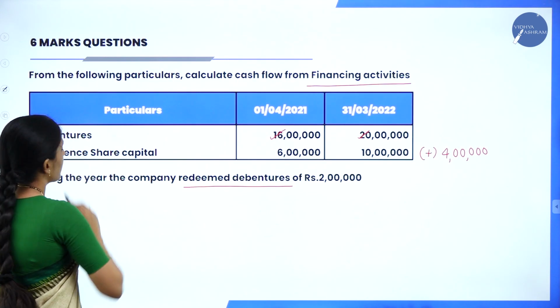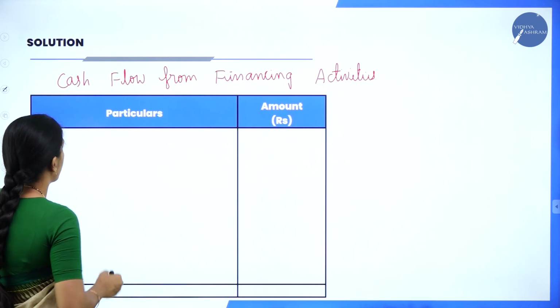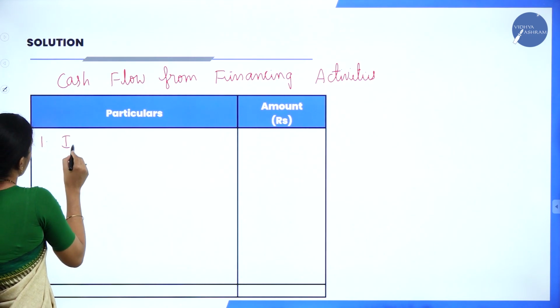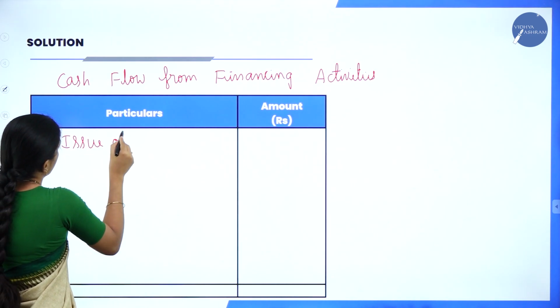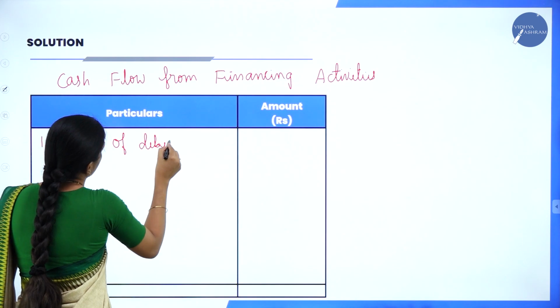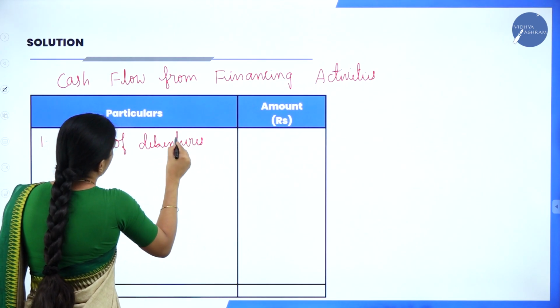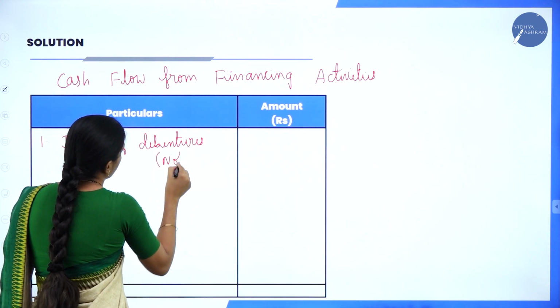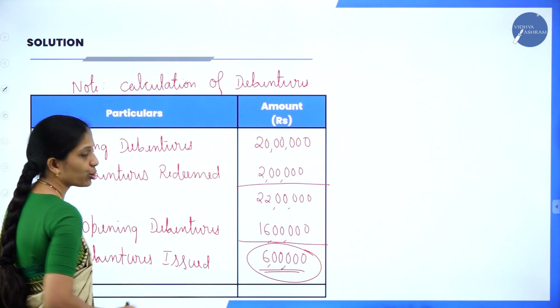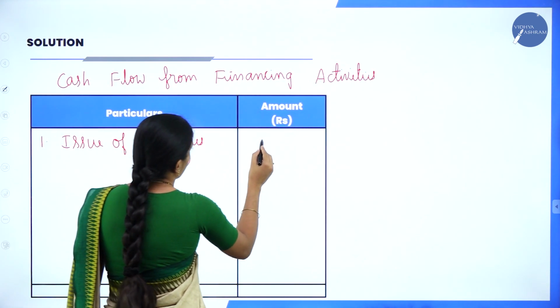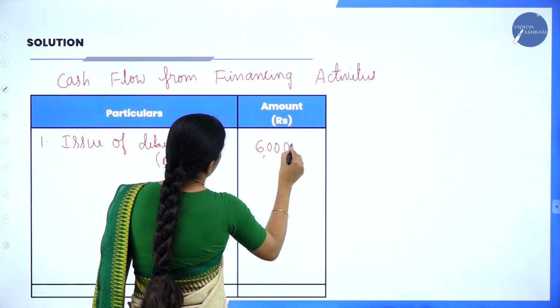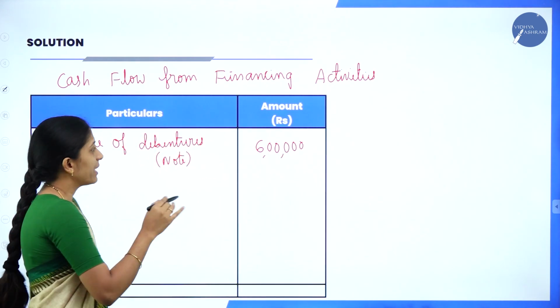So your first one was relating to debentures. So we'll write first, issue of debentures, in the bracket note. So how much we got? Issue of debentures 6 lakh.